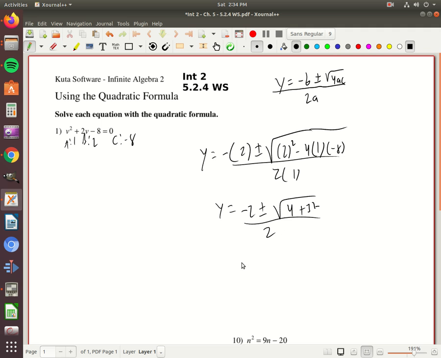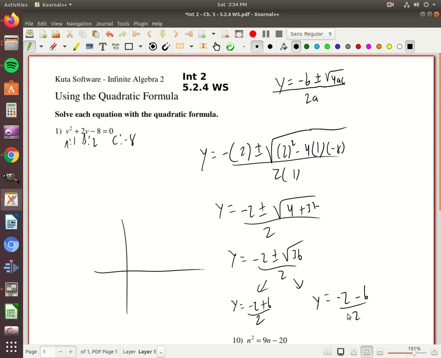And again, we will get y equals negative 2 plus or minus the square root of 36 over 2. So let's break this up. We're going to get y equals negative 2 plus 6 over 2, and y equals negative 2 minus 6 over 2.